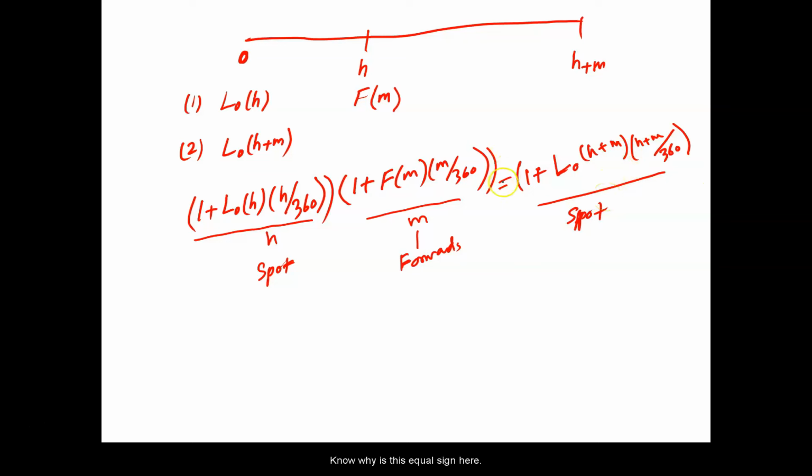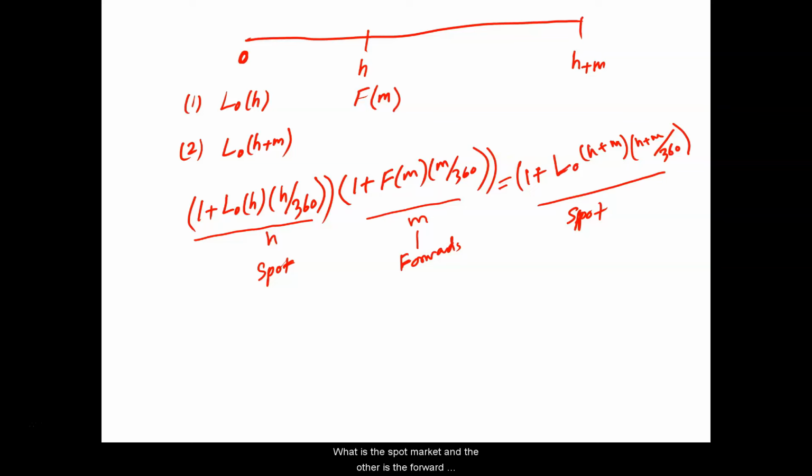Now, why is this equal sign here? We will have to go to the basics, and that is that to avoid arbitrage, the strategy from borrower 1 and borrower 2 should have the same effective borrowing cost. Otherwise, there will be arbitrage. Now, this equation is involving two markets with three transactions.